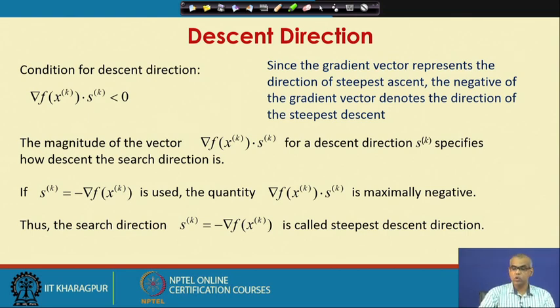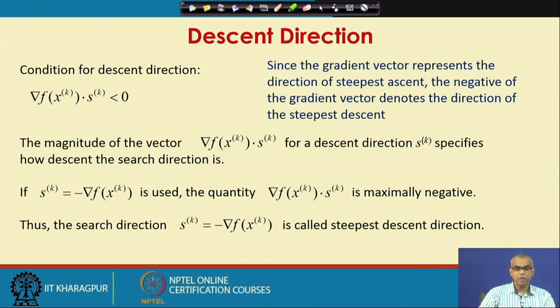So, that is why it is known as direction of steepest ascent. So, now if I take the negative of the gradient vector, that must point to the direction in which the function value is decreasing at the fastest rate. So, the direction of negative gradient is the direction of steepest descent.